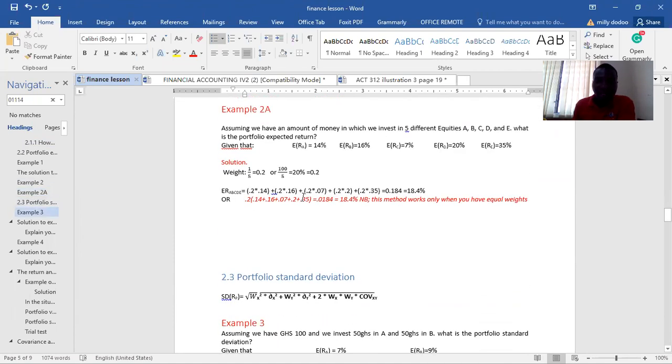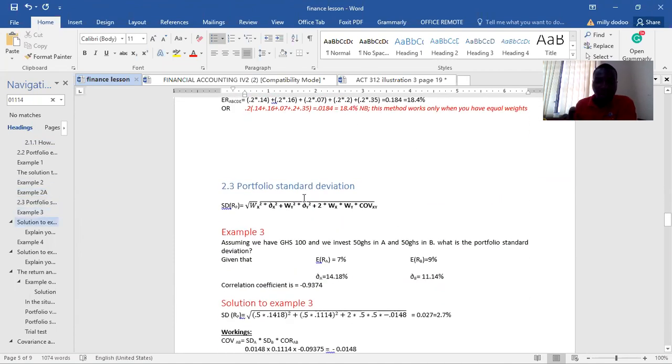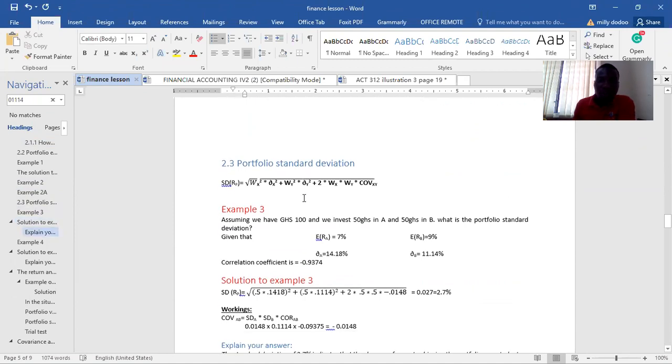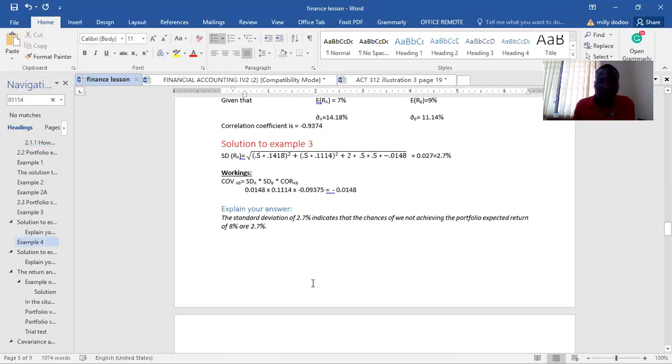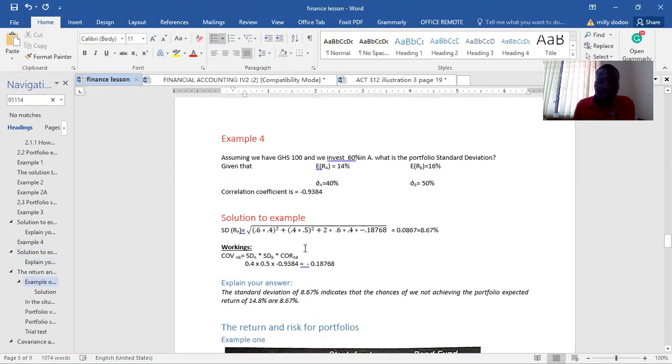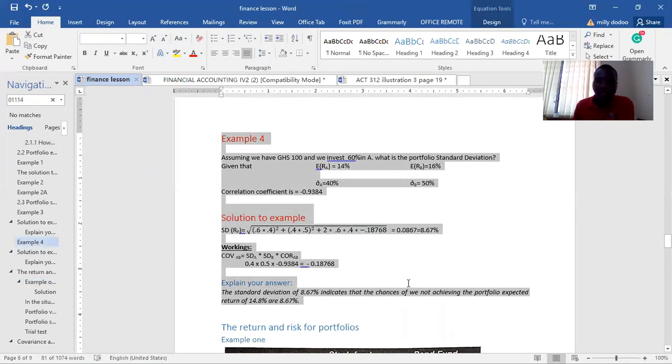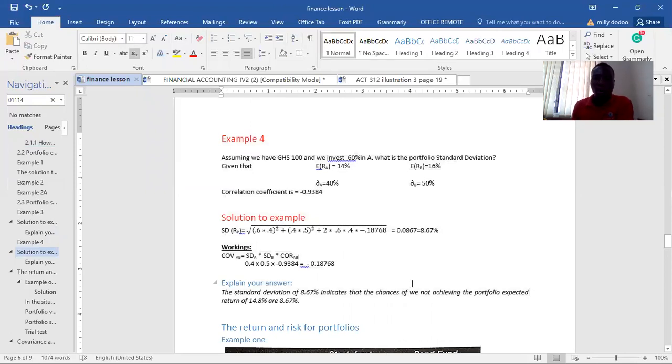We went ahead and looked at how to calculate portfolio standard deviation using the same illustration, and we did that very well. We also went ahead and did several illustrations, and this was basically where we ended last week or last 2 weeks.